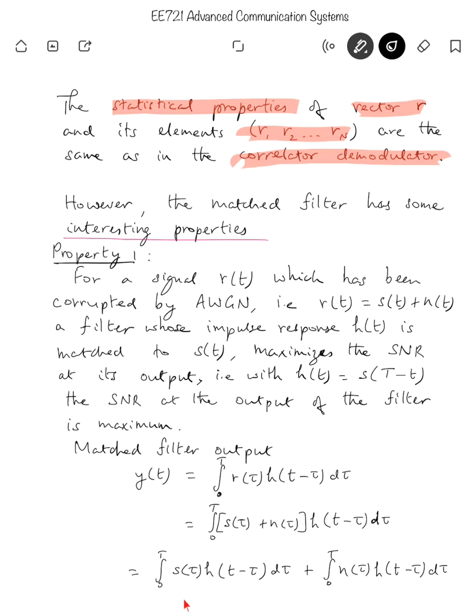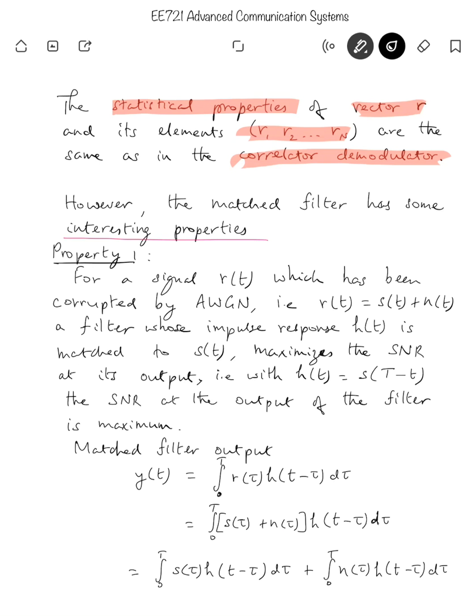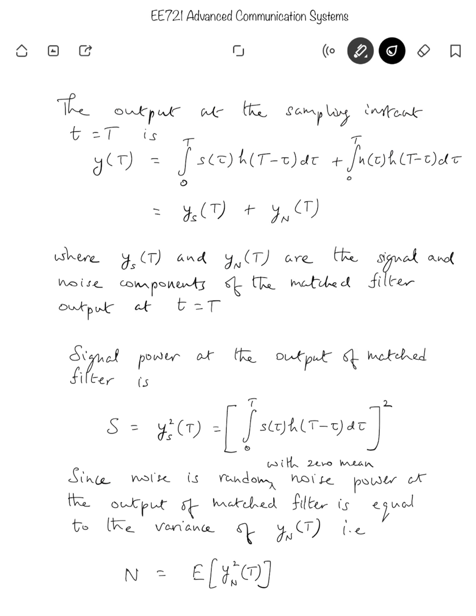So we call this part the signal component of the matched filter output, and this part the noise component of the matched filter output. Okay, so we'll call the signal component ys of t. So the signal component of the output y of t is ys of t, and the noise component is yn of t.